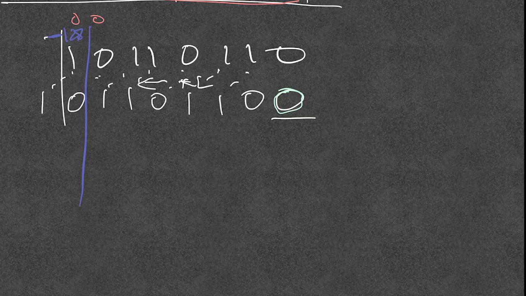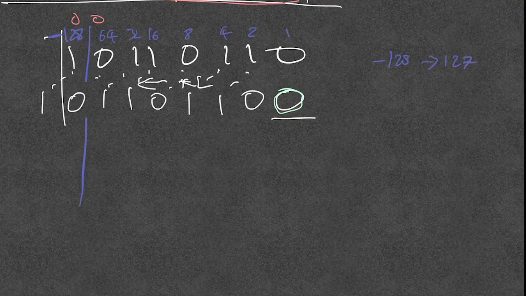So that's going to be 128, that's going to be 64, 32, 16, 8, 4, 2, and 1. And if you can remember from the last video, we've got a range from minus 128 to positive 127. That's what we can represent here.